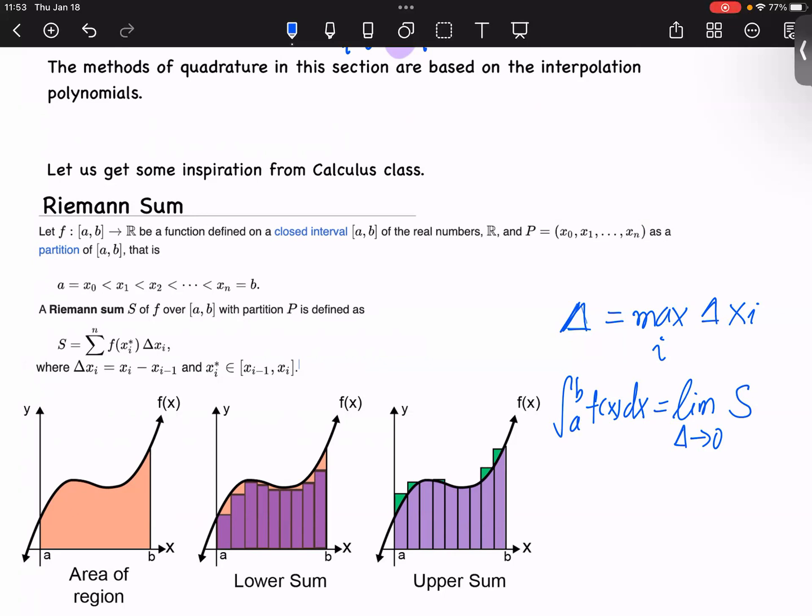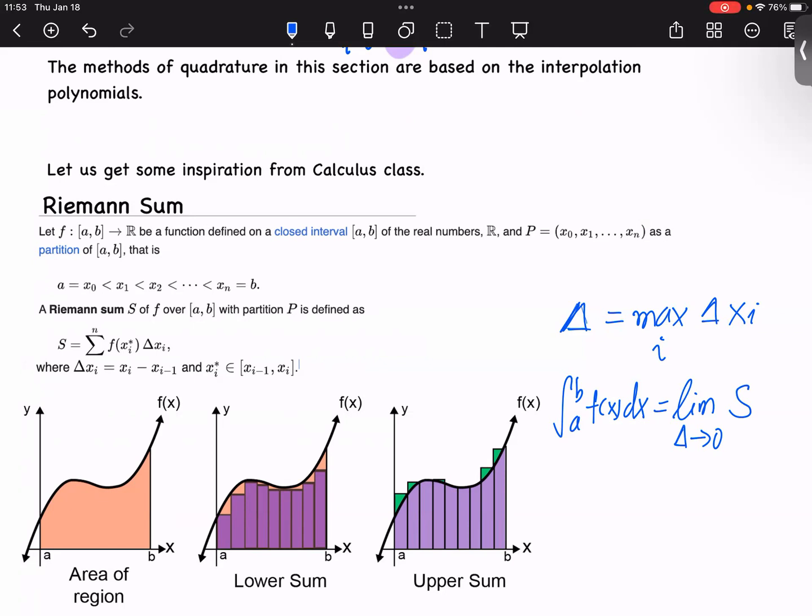This is the definition of the integral. So actually, we can use the sum of the areas of all these rectangles to approximate the area. Also, this is the lower sum and this is the upper sum. The lower sum means that the representative point is the left endpoint of the subinterval.